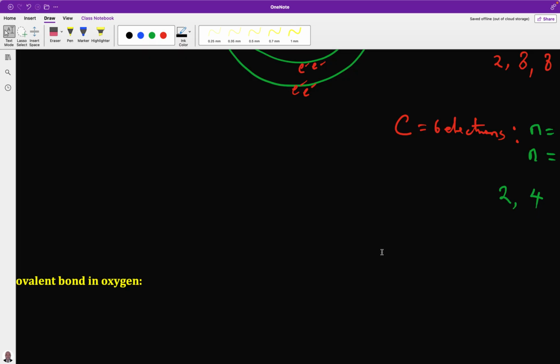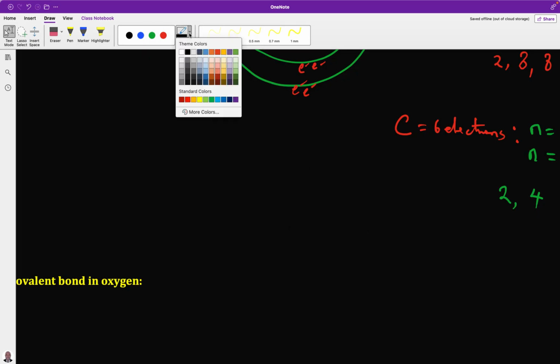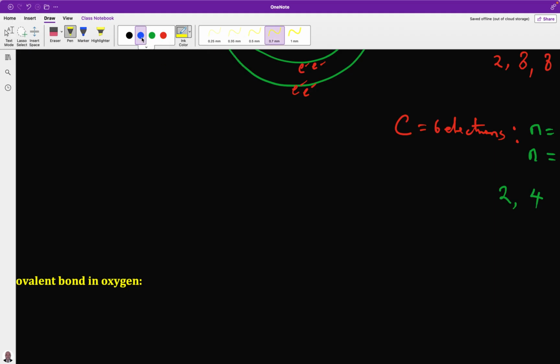Method number one. How can we determine the formula of ionic compounds?